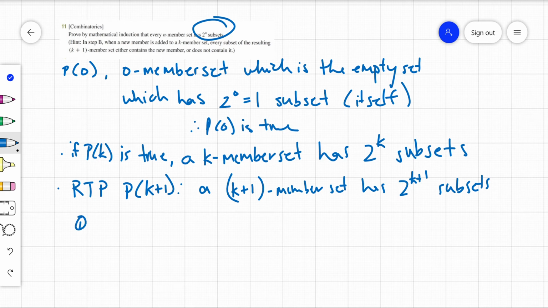Well, let's start by adding a new member, or another element, to a k member set.